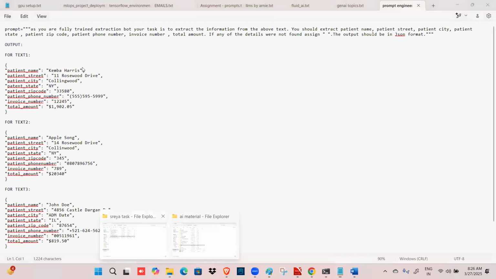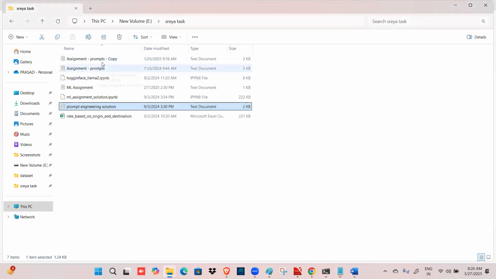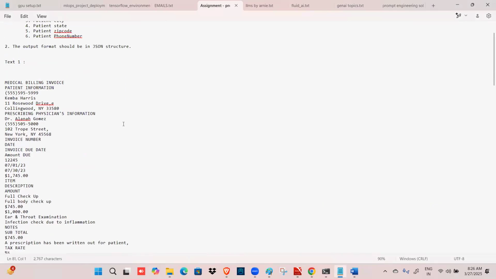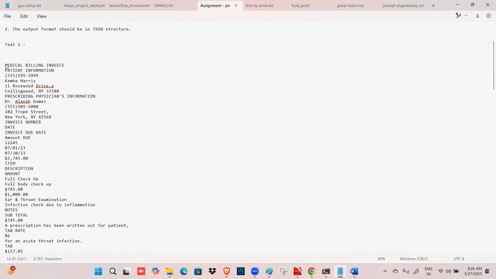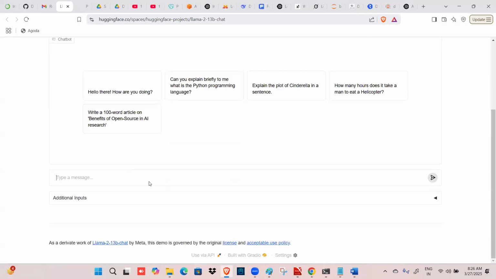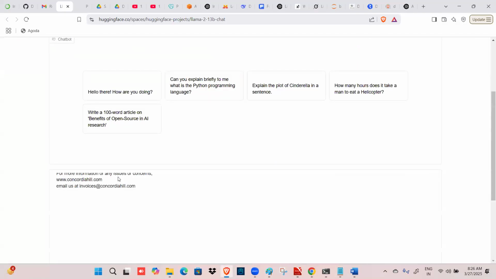Again, if we want to perform that, we can perform it also. This is the text, right? I'm going to copy this text and apply this prompt in both of them. Here he asked to develop it in the Llama model, right?